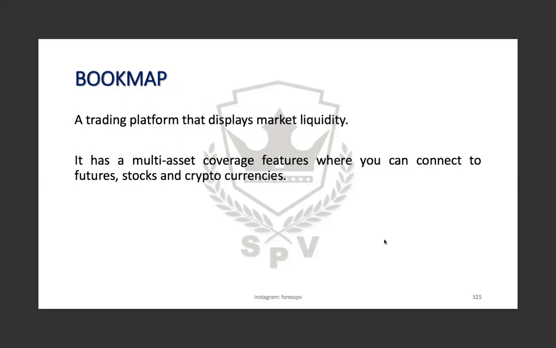And it has a multi-asset coverage feature. So you can connect to futures, stocks, cryptocurrency. In the area of futures, you can see some currency pairs. So far, I've seen EURUSD, Gold, Nasdaq, and there are a lot of stocks, and cryptocurrency is available. And I think the book map can be very useful in crypto also.